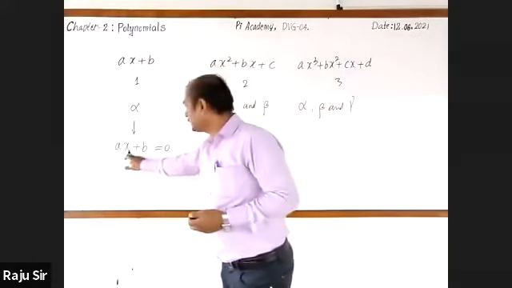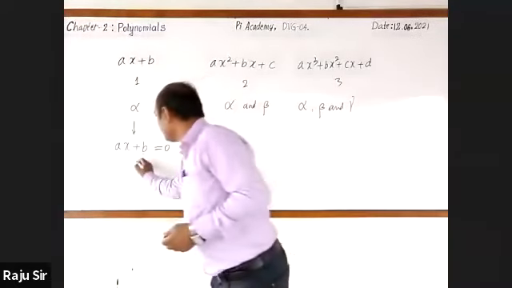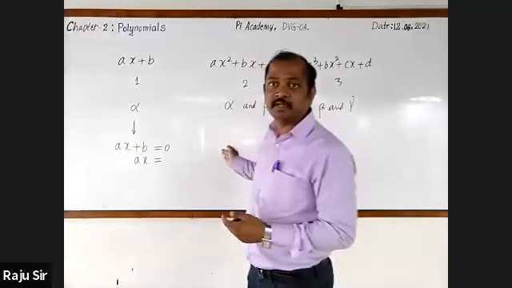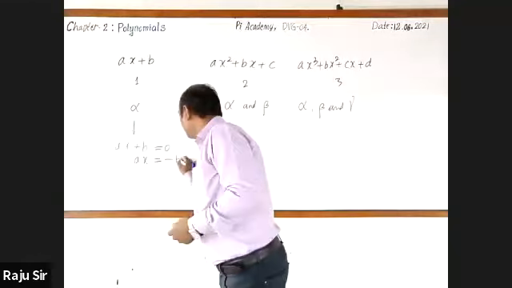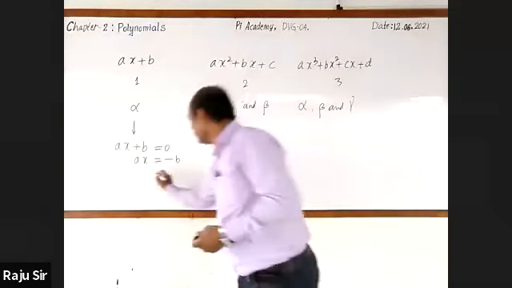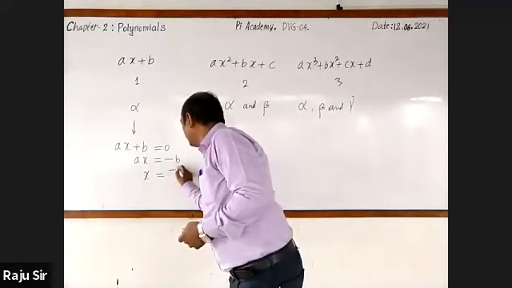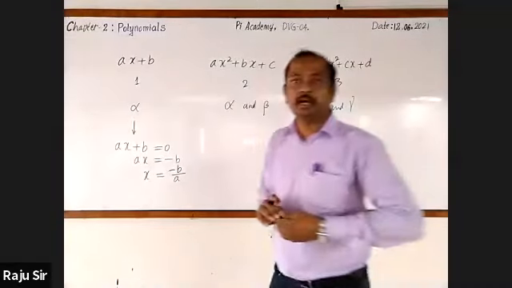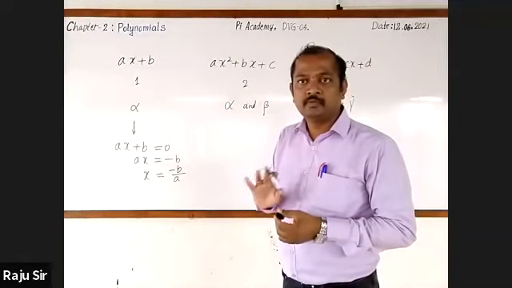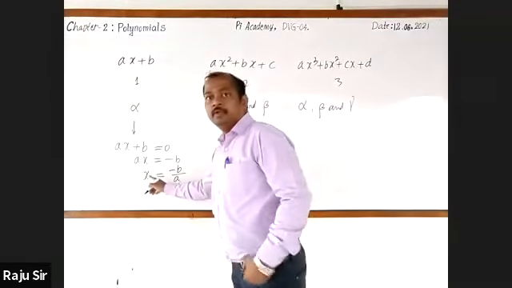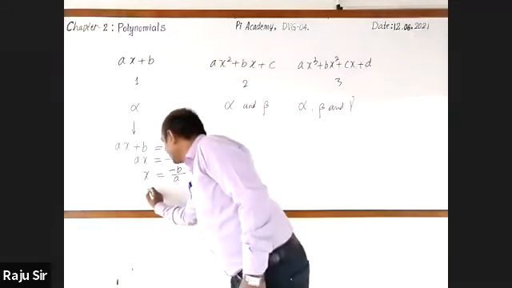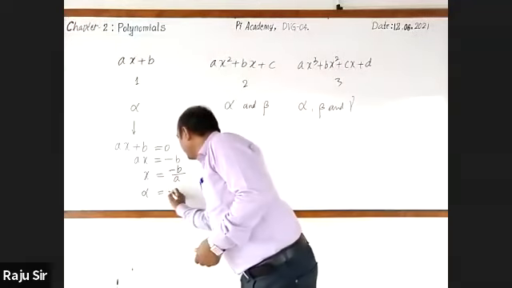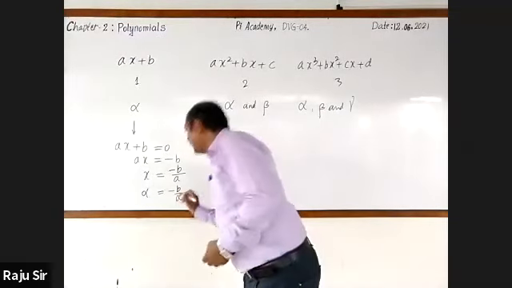Then let's solve for x. ax is equal to minus b, transferring b to the right hand side. Then x is equal to minus b by a, as a is transposed to the denominator. Here we take this x as alpha, that is a zero. Alpha is equal to minus b by a.